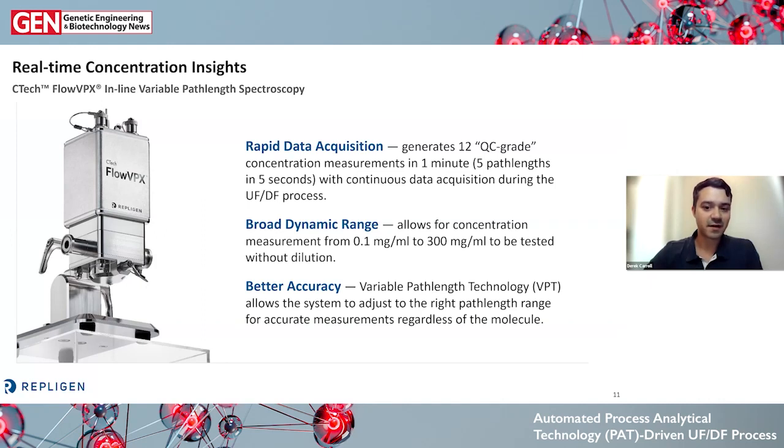There's a very broad dynamic range for concentration measurements across the entire length of adjustable path length, all the way down to 0.1 mg per ml up to 300 mg per ml, all of which can be measured inline without any need for dilution. So it allows for much better accuracy for your measurements. It doesn't require going offline and performing dilutions to avoid saturating the signal.